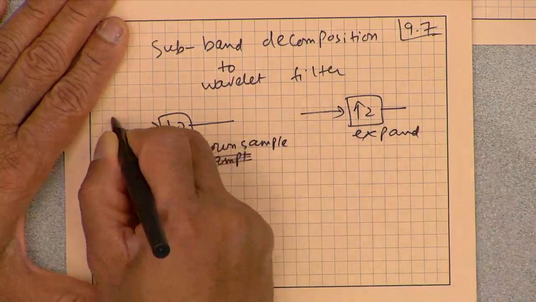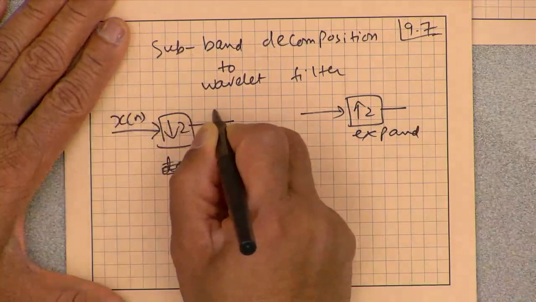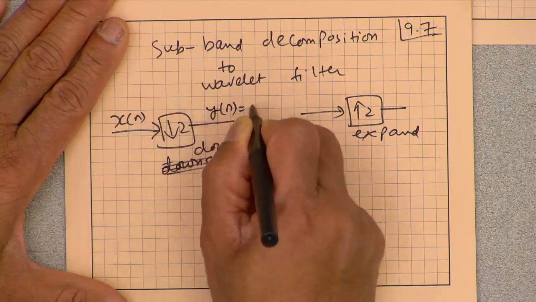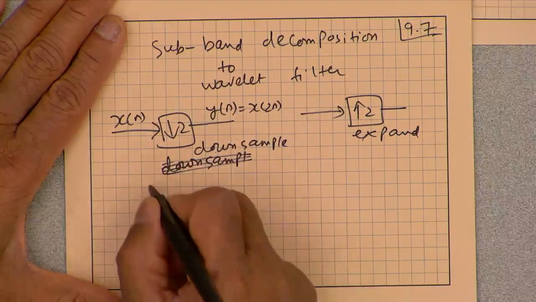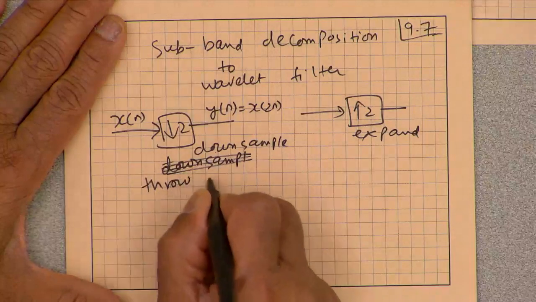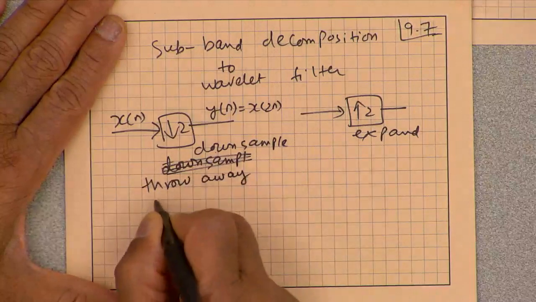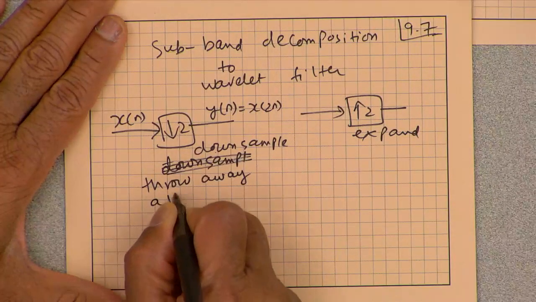So if I take a signal x[n], the output y[n] is x[2n]. Basically we are throwing out every alternate sample.